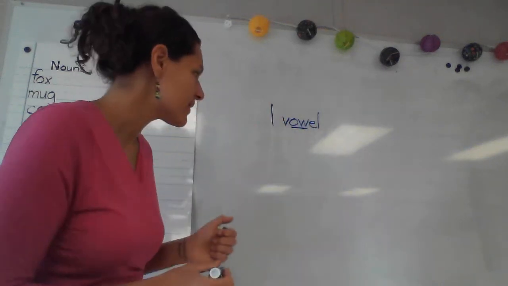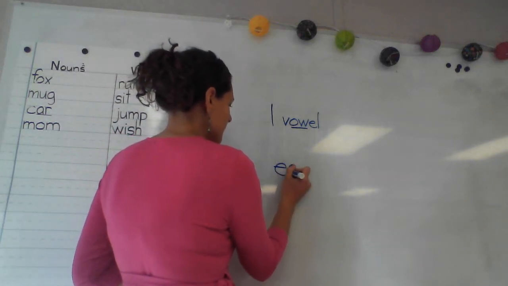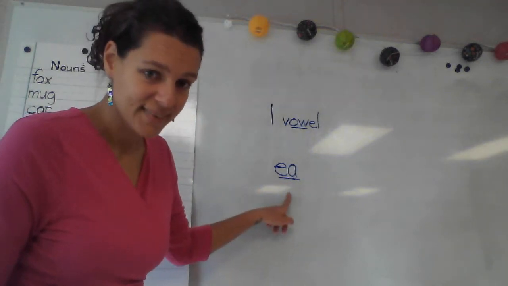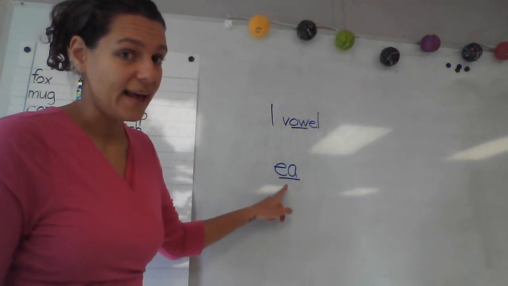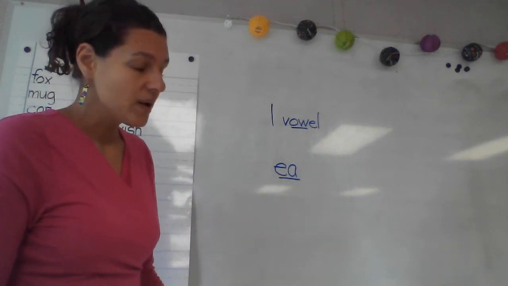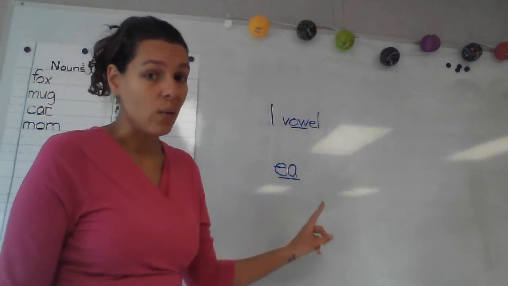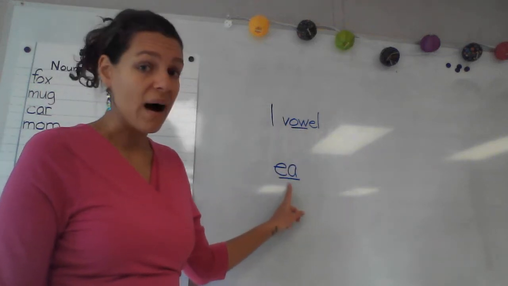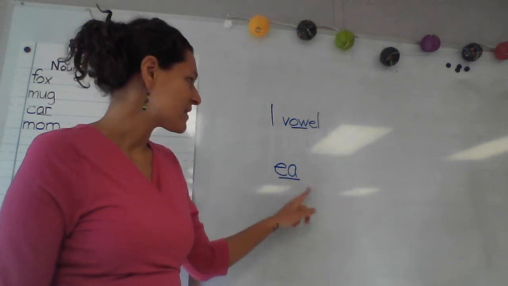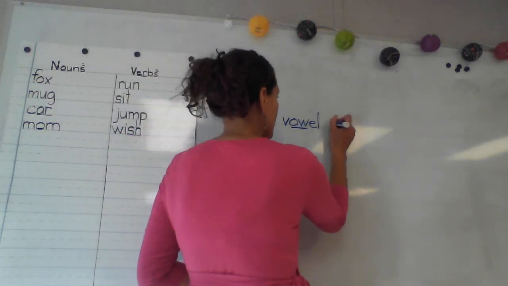And actually a better example of that would be this phonogram. Class, what's this phonogram? Good, this one's E, A, but those work together. So our syllable has one vowel, or we can say one vowel sound, because this is a vowel sound when it's in a word, but there's actually two vowels that make it up. So a syllable has one vowel sound.